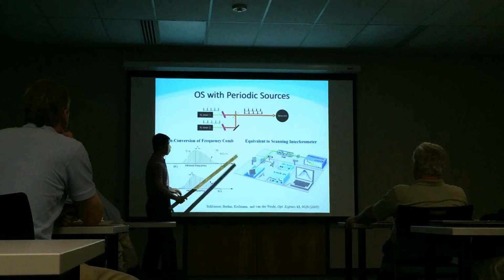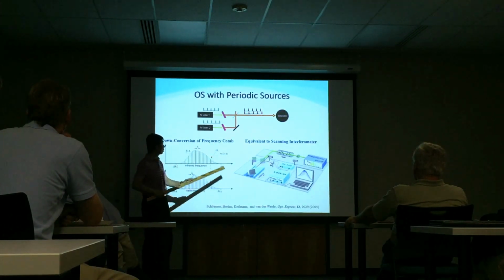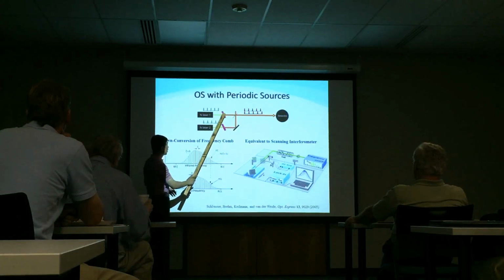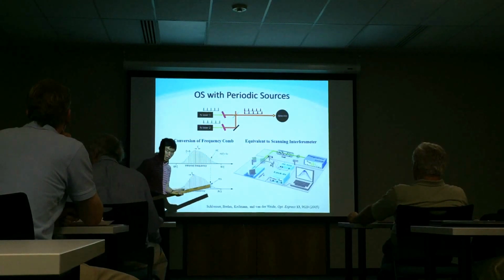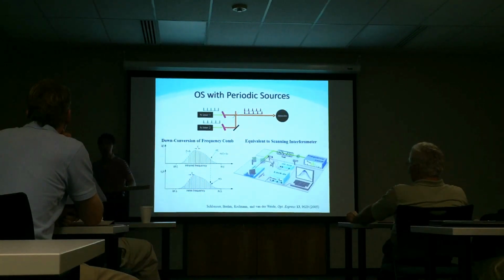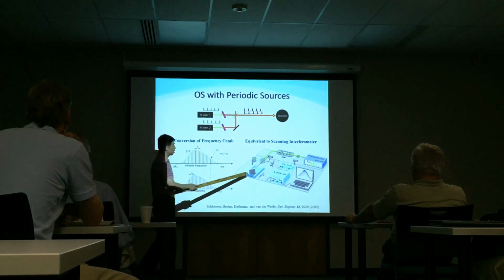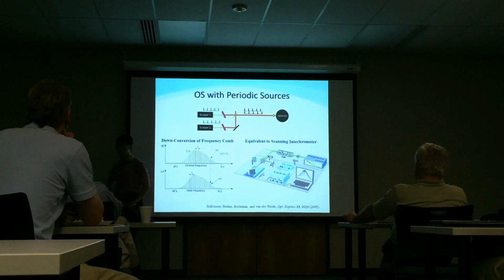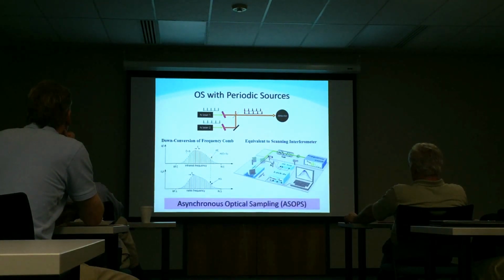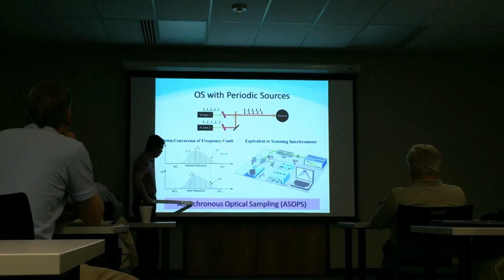They can create very fast scanning, and typically the scan rate is the frequency difference between these two repetition rates, and it can be as high as megahertz level. So you're talking about this scheme with something moving at megahertz frequency. So that's the main advantage of this technique. So it is called asynchronous optical sampling.